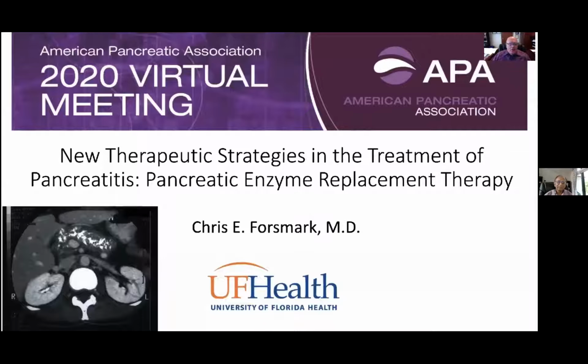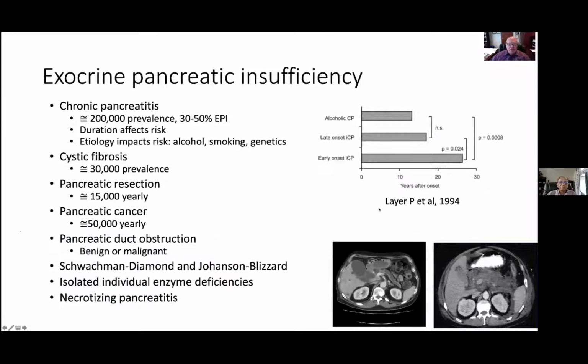Well, hello, everyone. Welcome to the first and hopefully last virtual meeting of the American Pancreatic Association. As part of this session on new therapeutic strategies, I'm going to be talking about pancreatic enzyme replacement therapy, which is not strictly speaking a new therapy, but is something that is used inconsistently, certainly in the US.